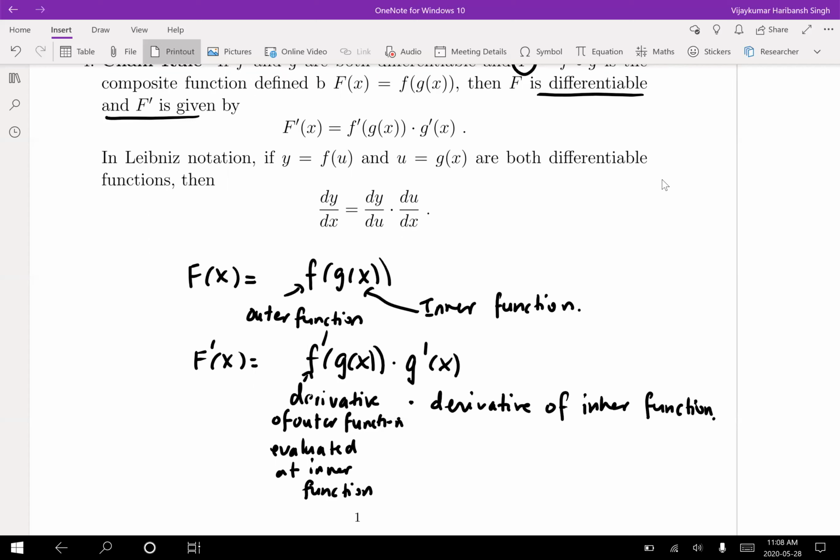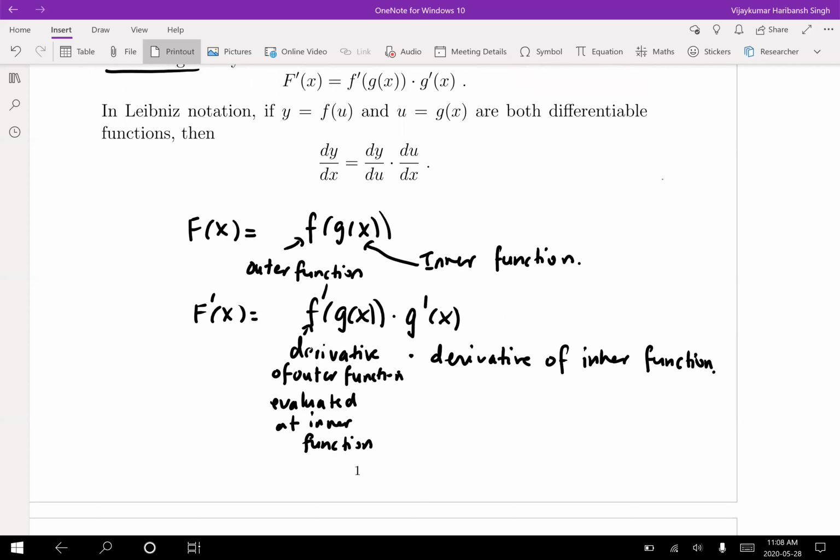Okay. Now this same thing can be written in Leibniz notation. If you want to use the d by dx notation, let y be f of u and u be g of x. Then you're looking at dy by dx. That is the same as dy by du times du by dx.